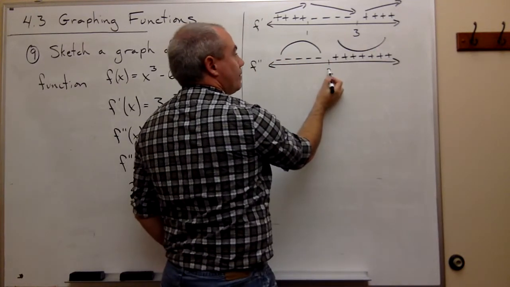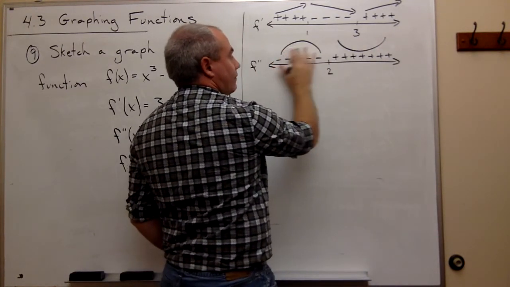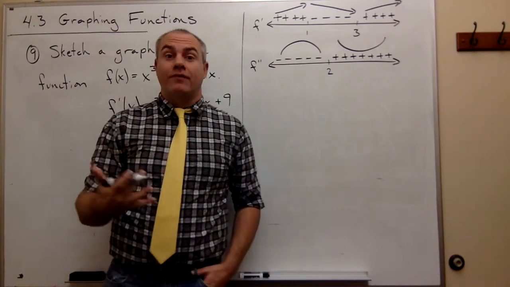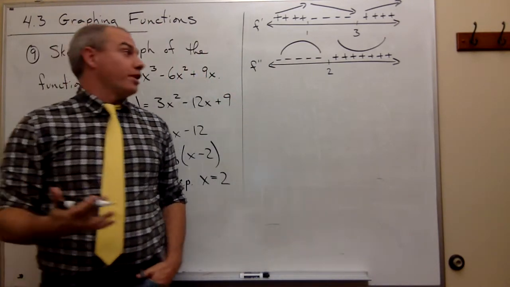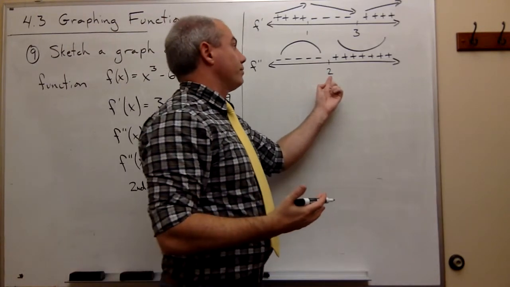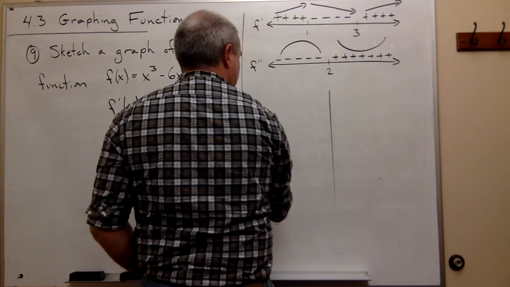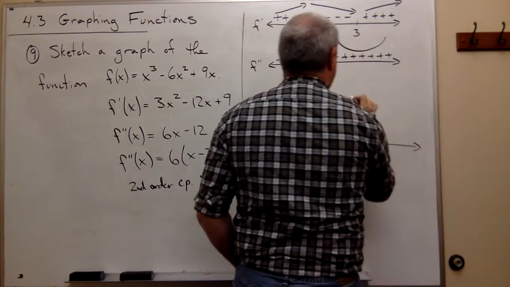And this point in between where it switches from concave down to concave up, we call a point of inflection, or an inflection point. So here would be an inflection point. So now let's put it all together and see if we can sketch a graph here.